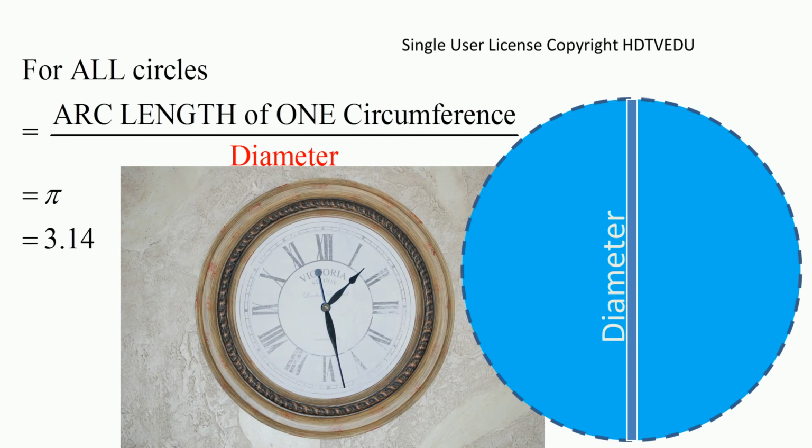Let us go back to the wall clock and measure the circumference again. Measure that length, divide that length by the diameter. And that is the diameter. So measure the circumference and divide that length by the diameter, and the ratio is going to be 3.14.